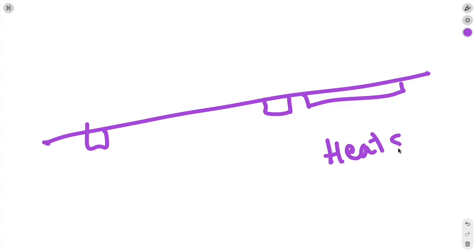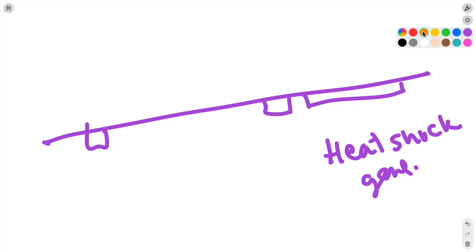here's one of these heat shock genes. And it's already got an arrested polymerase on it, just part way down it, but it's stuck, so an arrested polymerase.